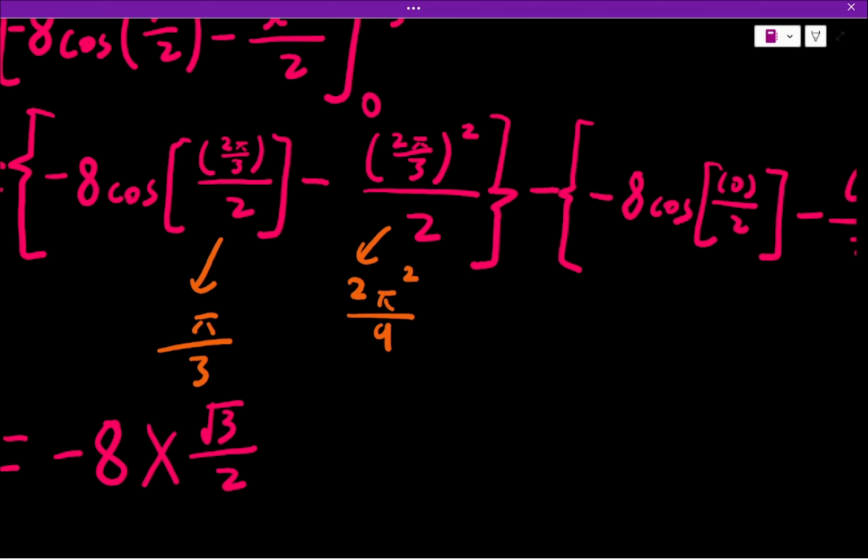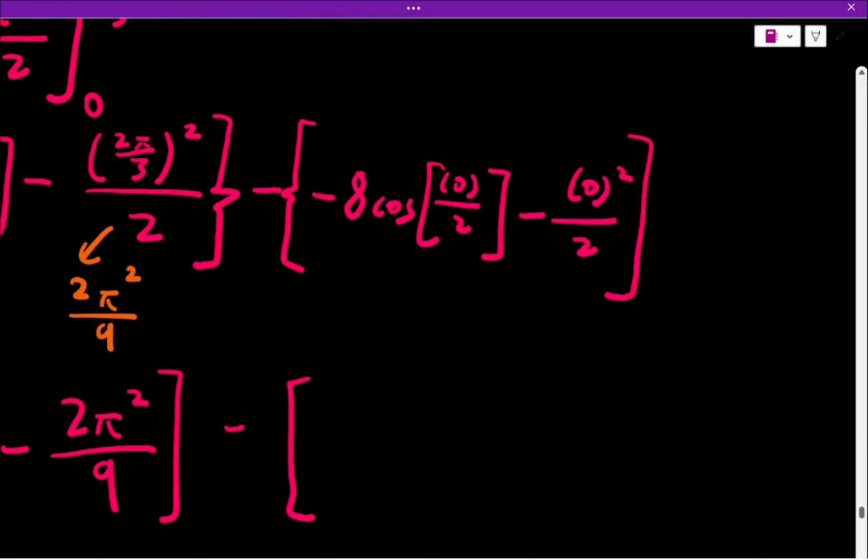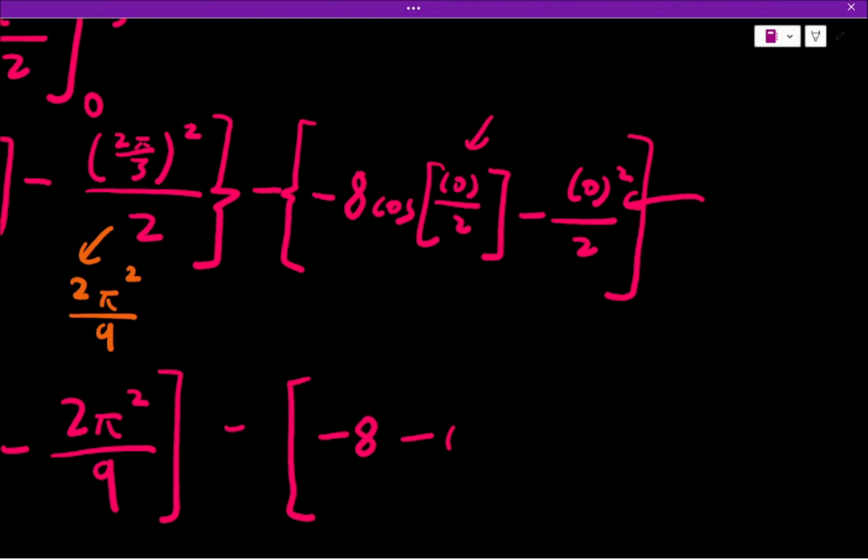So this is the first part. Minus the second part. We have the cosine of 0, which we know is 1. 1 times negative 8 is negative 8. Next, we have 0 squared over 2, which is just simply minus 0. Let's simplify things.